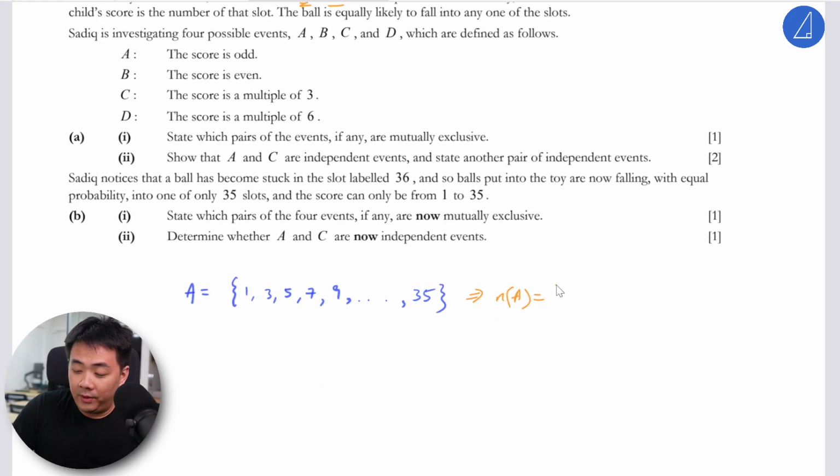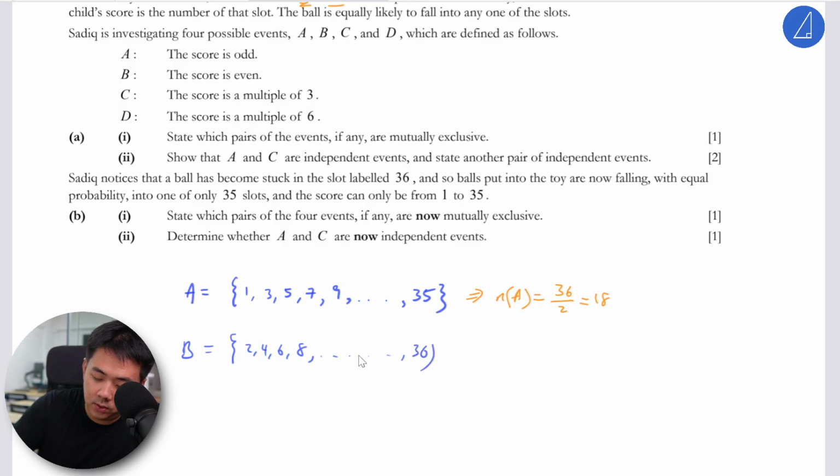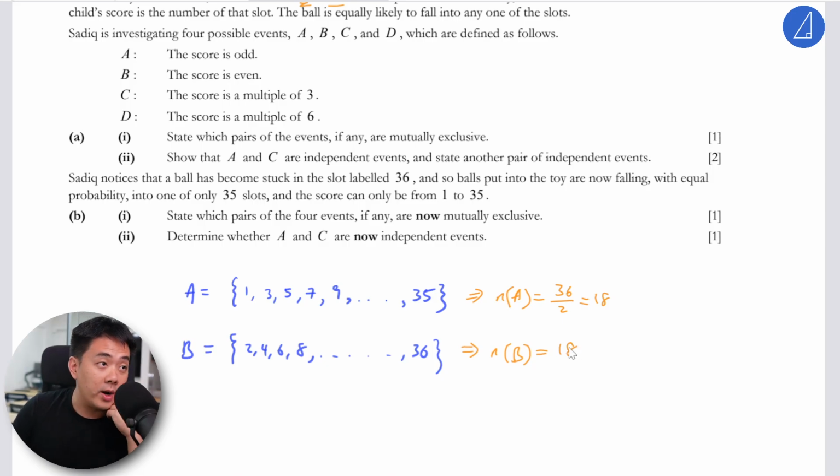So half of it will definitely be odd, and the other half will be even, because it's an even number of numbers. So this is B, which is 2, 4, 6, 8, all the way to 36. The number of elements here is also 18. That's not surprising.